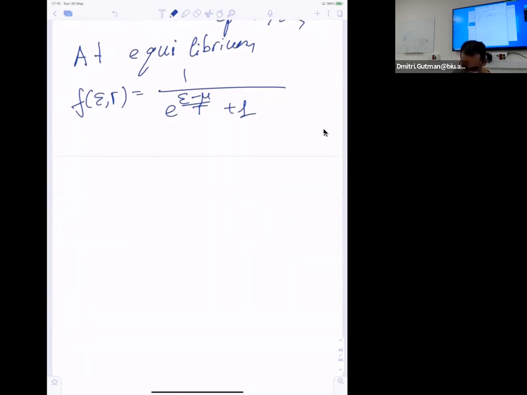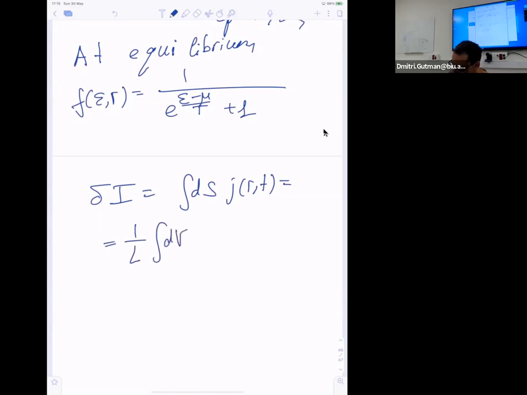Therefore, if you ask what is the integrated current, so that was a current density. Integrated current is the current integrated over area, or 1 over L integrated over volume.